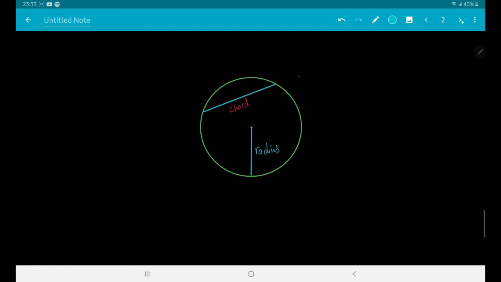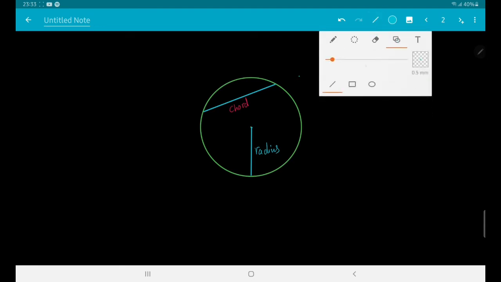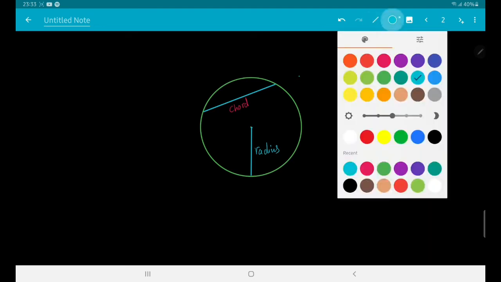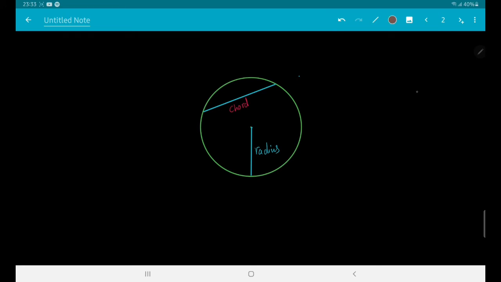We have an infinite number of radii and an infinite number of chords inside the circle, but the chord that passes through the center is called the diameter.